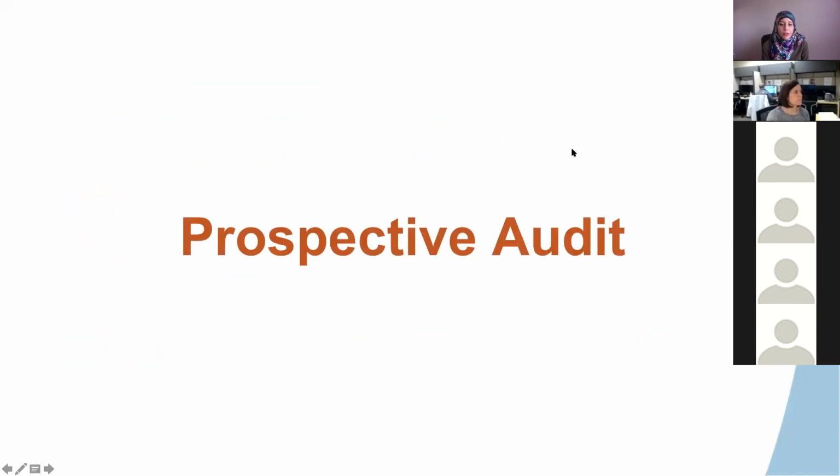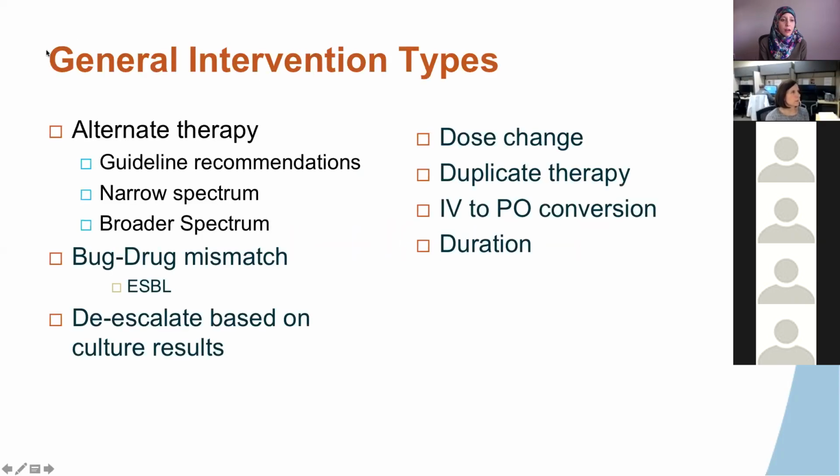We'll start with prospective audit. Again, probably the most common. Here are some of the general intervention types that we use for this prospective audit. One of the main things that come to me when I'm reviewing patients is probably alternate therapy. When looking at the patient, is this the best therapy per the guidelines? Can I use something that's a little bit more narrow, or even broad in some cases?